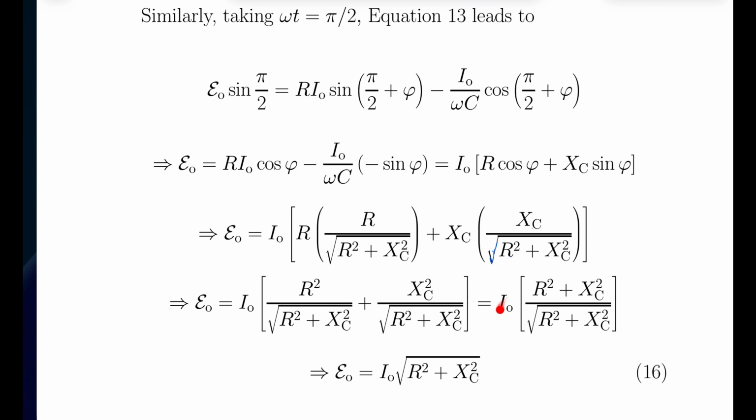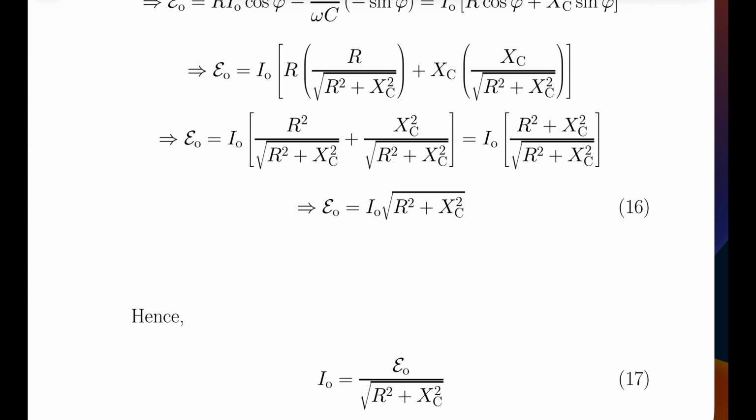So this gives you simply E naught equal to I naught into root over R square plus XC square. So from equation 16, I naught is equal to E naught upon square root of R square plus XC square.